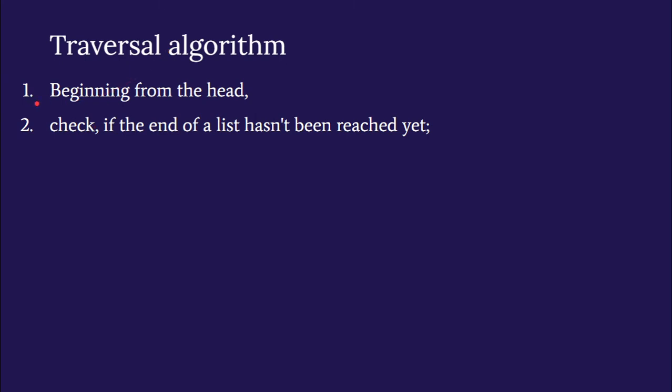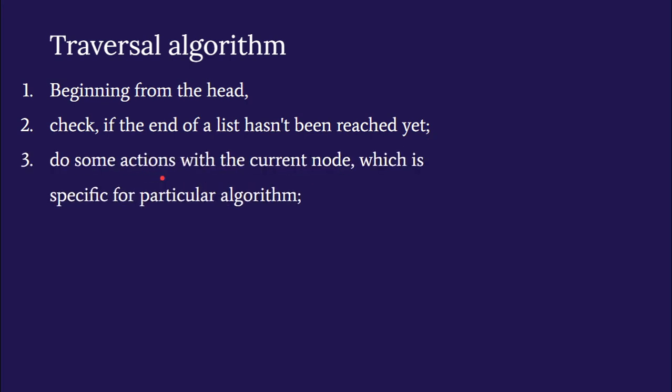So how do the algorithm steps go? The first step is to begin from the head, because you have to start from the header, and then check if the end of the list has not been reached yet. That means we have to traverse the whole list as long as the end of the list is not reached. Then you have to do some actions with the current node which are specific to the particular algorithm. That means for some algorithms traversal means visiting, summing up the values means summing the values node by node, printing means printing the values node by node. So whatever actions you have to do, they have to be performed on every specific value in the particular node.